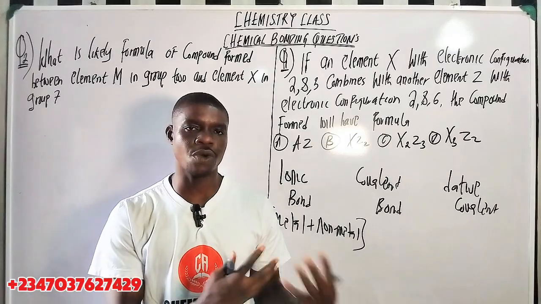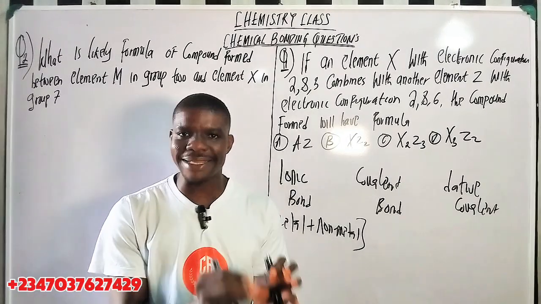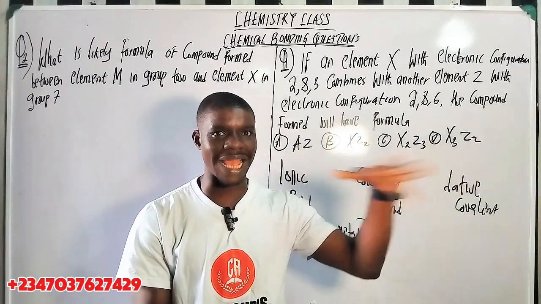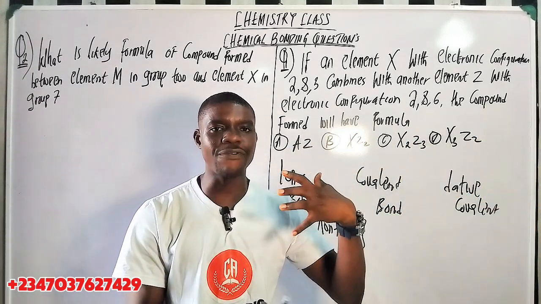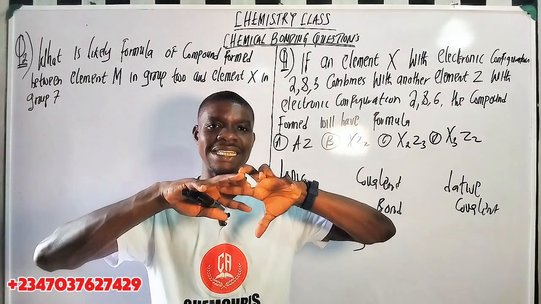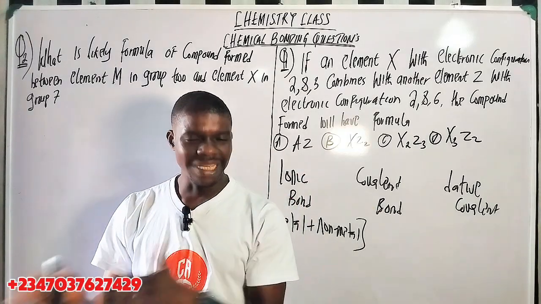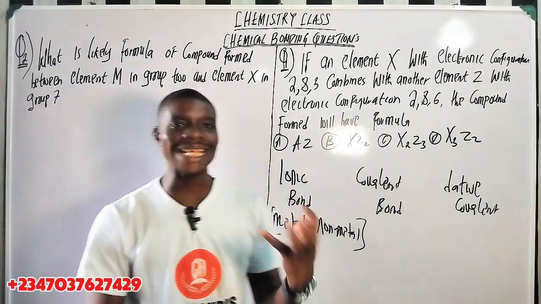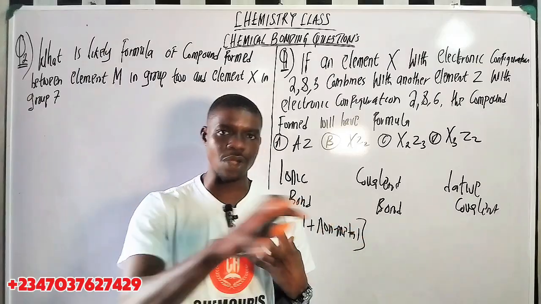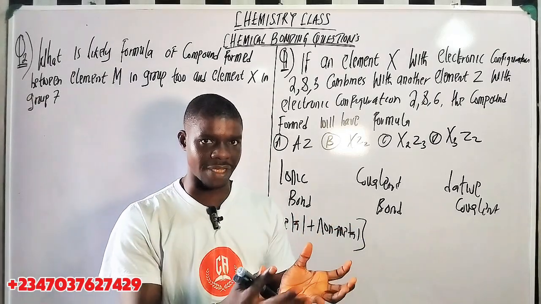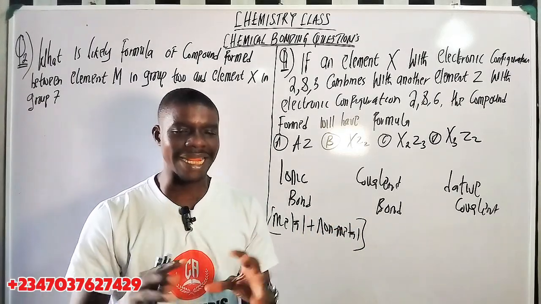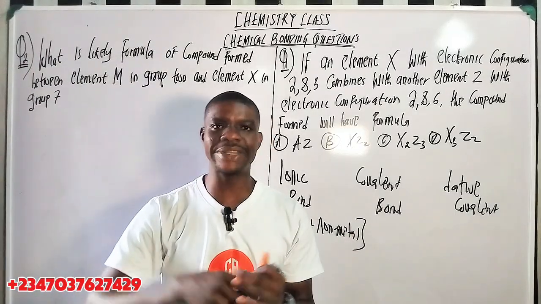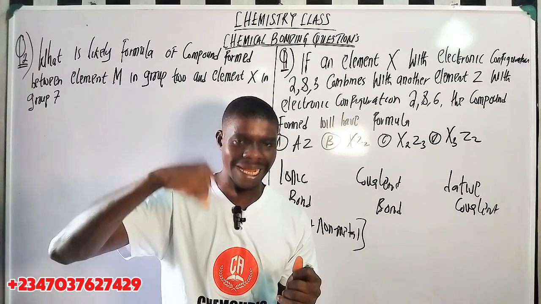One of the things you must understand about ionic bonding is that the metal will give out electrons. The metal will lose its entire outermost electrons in order to achieve the octet, while the non-metal will accept electrons into its valence shell in order to attain the octet. Now, here's the thing: the metal will lose its outermost shell electrons.